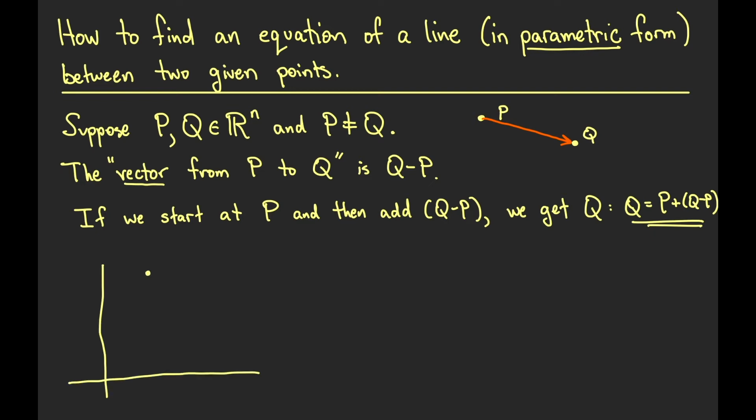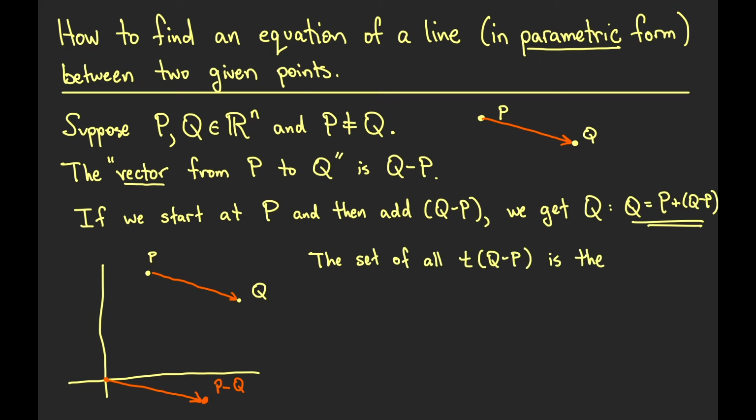So let's draw a picture and a vector from P to Q. And let's draw Q minus P below. Notice that I mislabeled that and wrote P minus Q, but it's really Q minus P at the bottom. Well, if you look at the set of all multiples of Q minus P, then it's the purple line that I'm drawing here at the bottom through the origin.